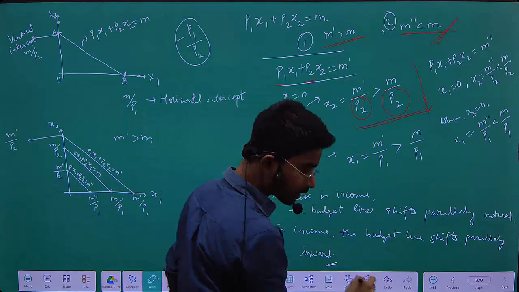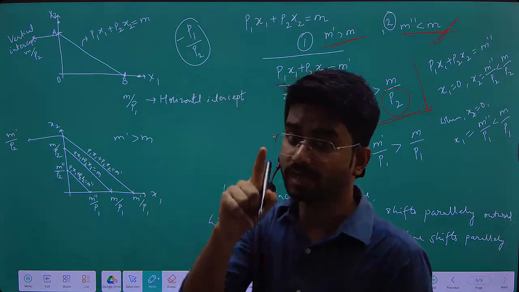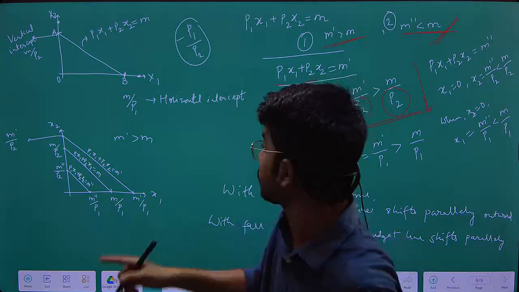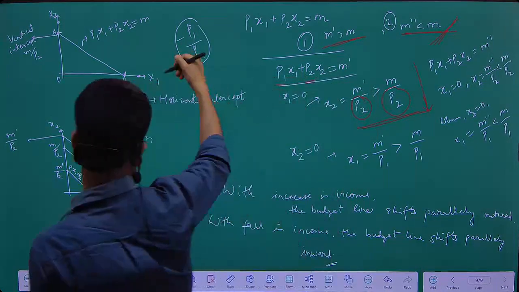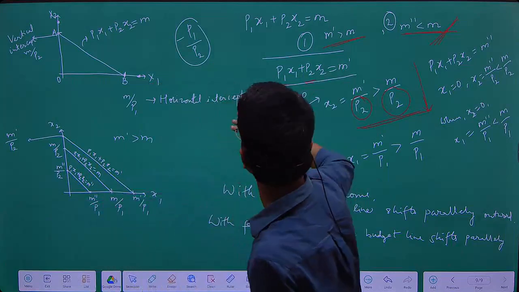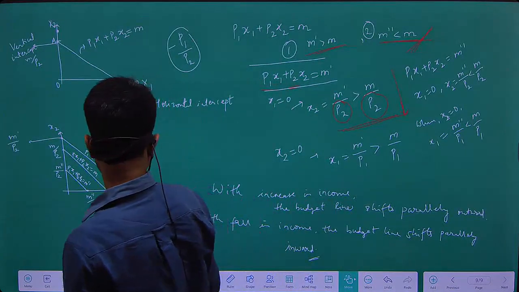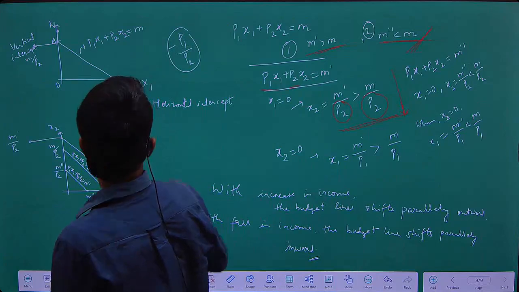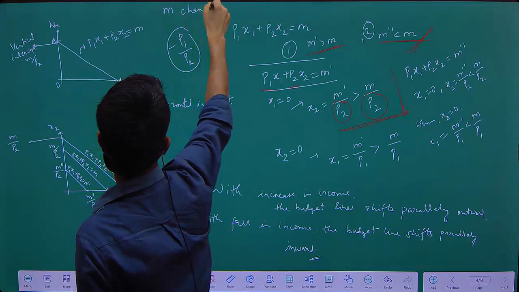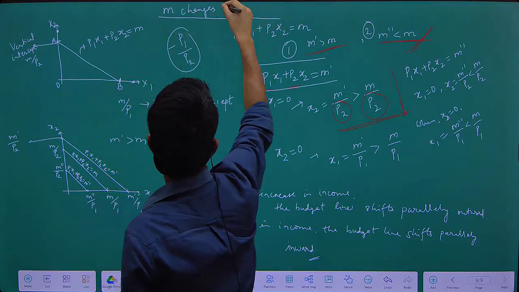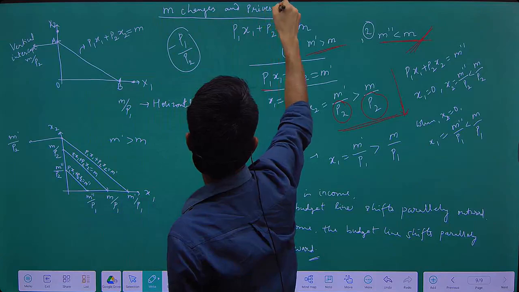So always remember, when the prices remain the same, only money income is changed. In that case, the shift in the budget line would be parallel. Okay. So what was the case here? You had the case when, for this case, your M changes, that means income changes, and prices remain the same.